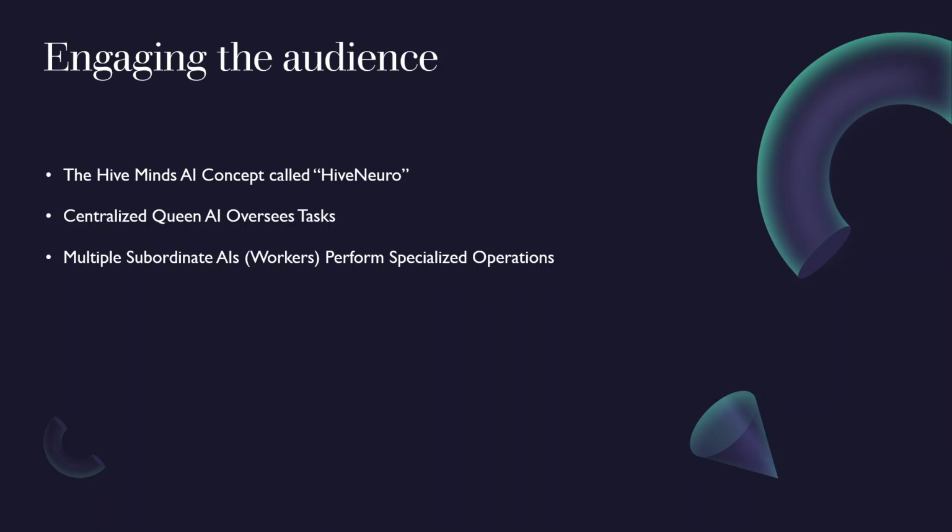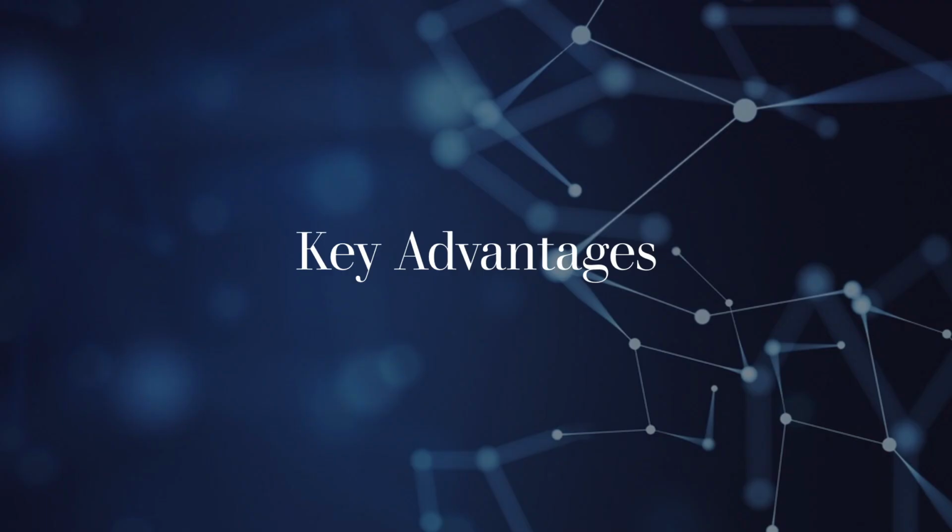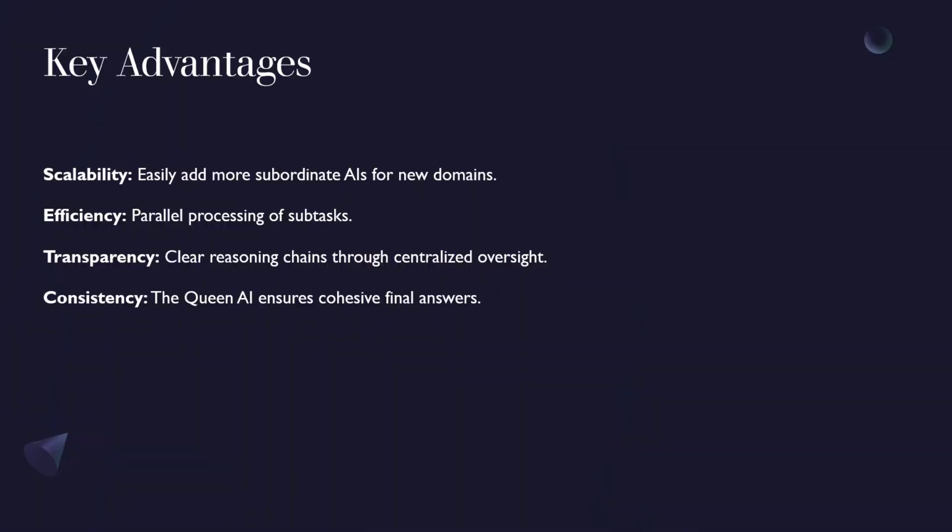These subtasks are then handed off to subordinate AI, each an expert in a particular domain who do the heavy lifting, and the Queen AI ensures everything fits together seamlessly.